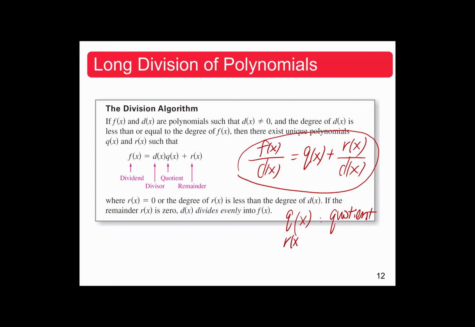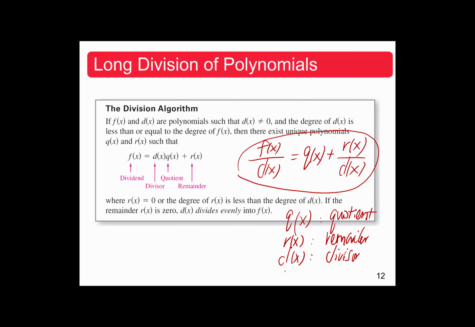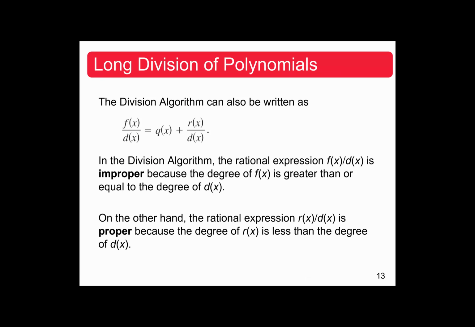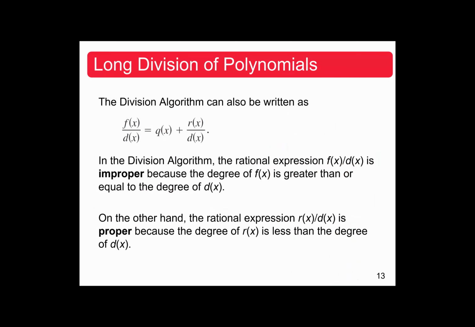R of x is the remainder. D of x is the divisor. And f of x is the dividend. That's basically what the division algorithm looks like. I just tried to explain it to you.